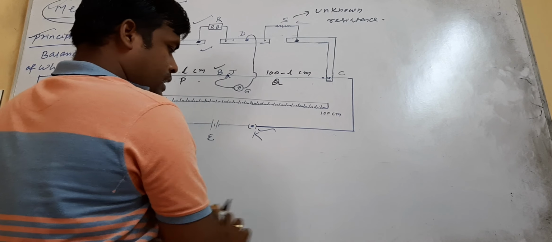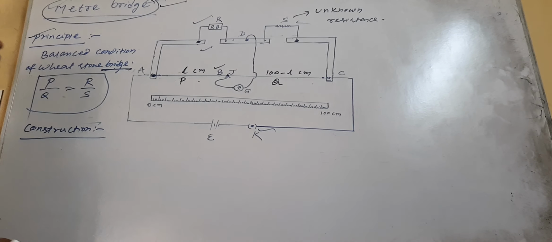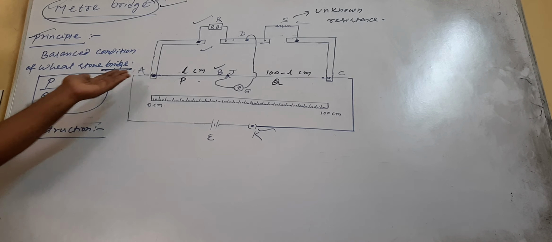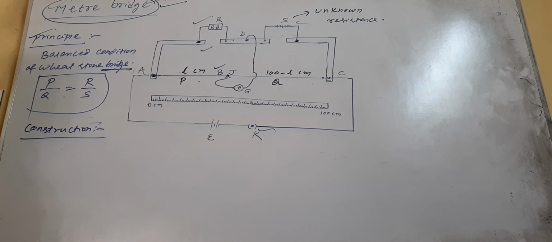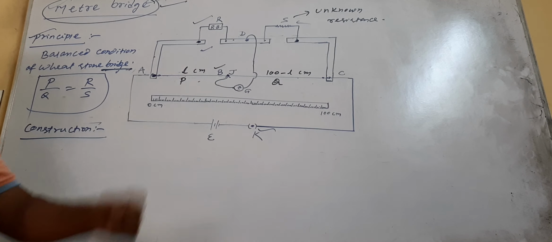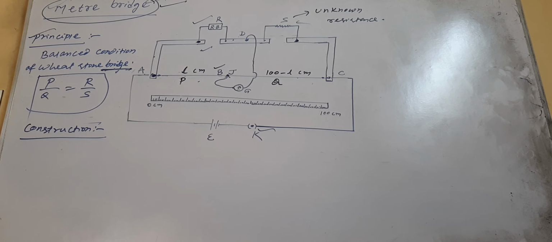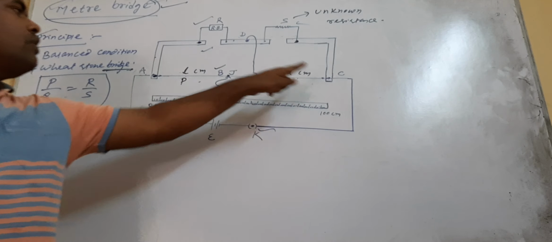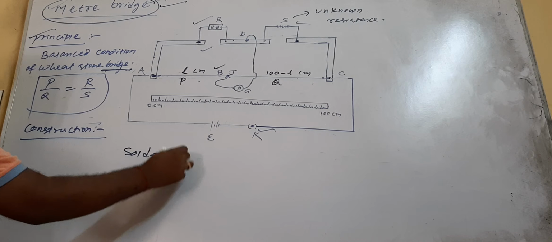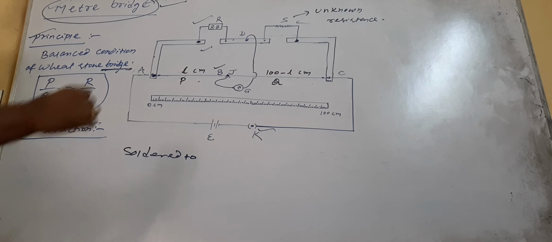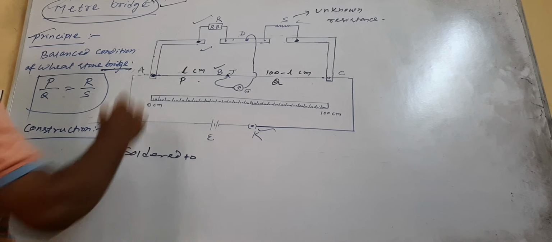So, how can you write in construction part? You only write that it consists of 1 meter long constantan or manganese wire stretched on a wooden board parallel to a meter scale, and this wire is of uniform cross section. The two ends of the wire are soldered to copper strips. In the left gap there is a resistance box.